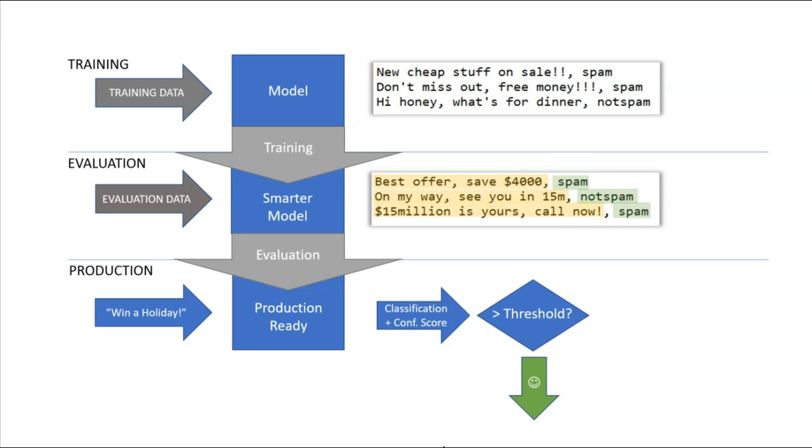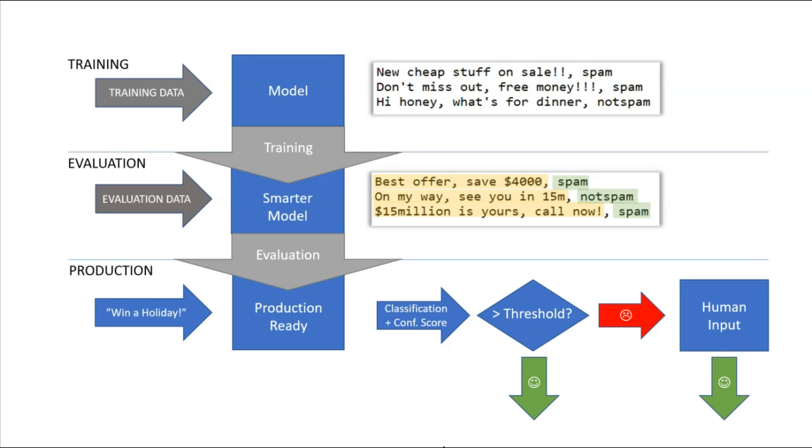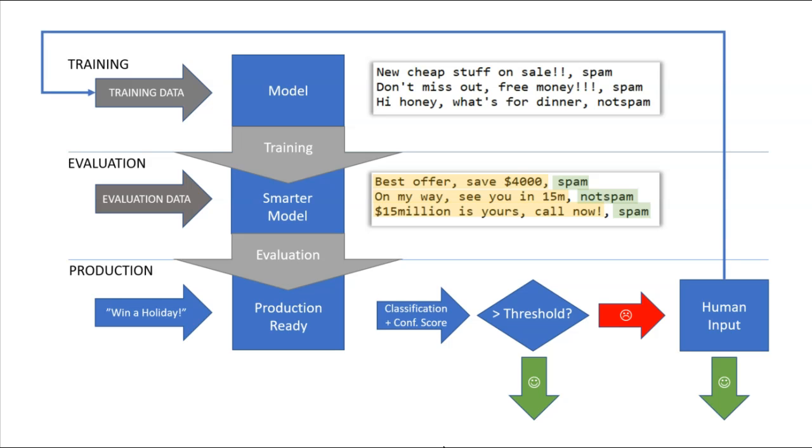If the confidence score is too low, we're not happy. We would like to have a human look at the message and then make a decision of whether or not it is spam. That decision will then enable us to send the data onwards into our system. But that decision shouldn't go to waste. So we feed the human input back into the training data as well, so that the more times we train our model, the smarter the model will become.